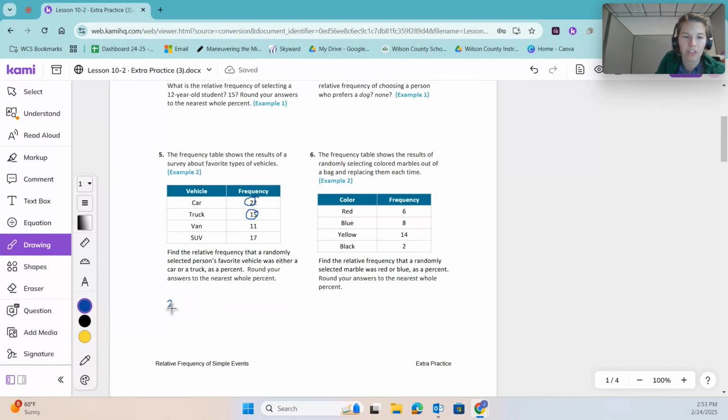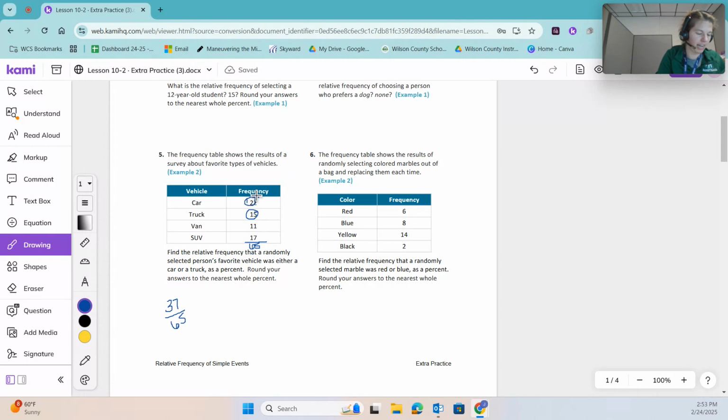So we have 37 out of, and then we figure out the total number of people surveyed by adding all of our numbers together. So we have 5, carry my 1, 65 people. So 37 out of 65 people wanted either a car or a truck.